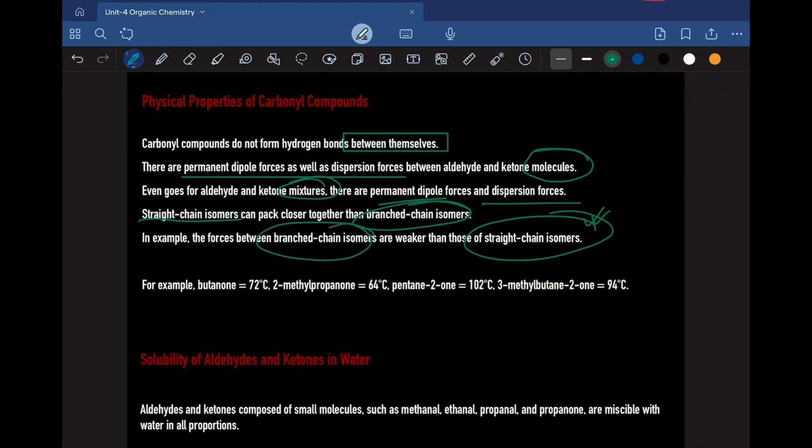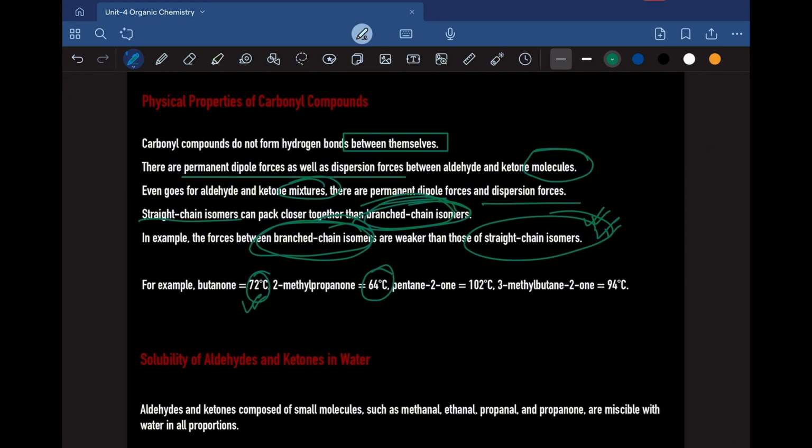These are the two lines that you have to understand. Straight chain isomers can pack close together, so the forces between them are stronger, and branched chain isomers can pack less close together than the straight chain isomers. That's why they have weaker forces between themselves. For example, butane has a melting point of this, and methyl propane has a melting point of this.